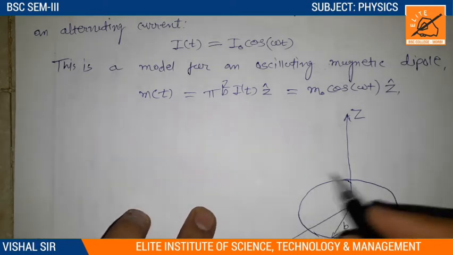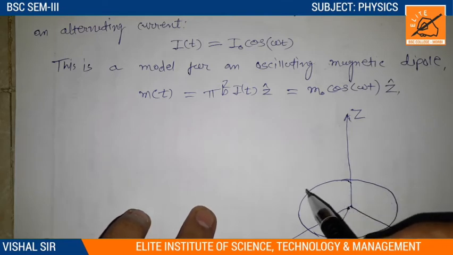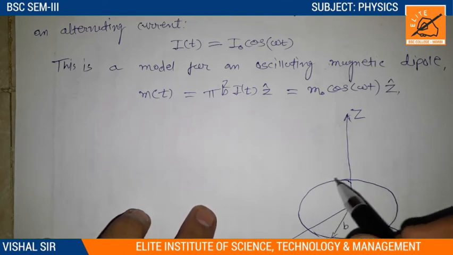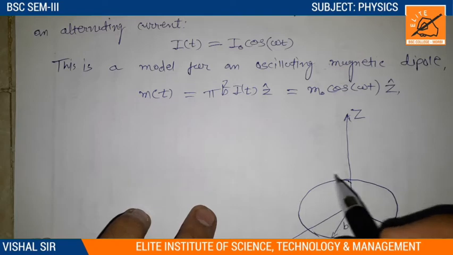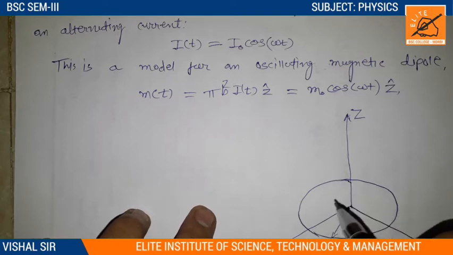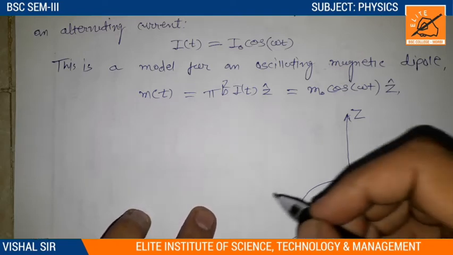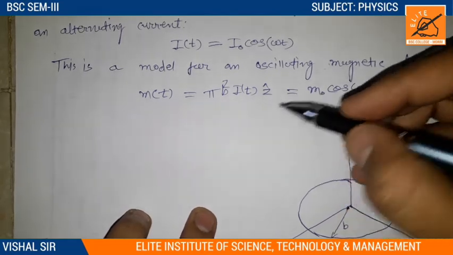Now in this wire loop the alternating current is flowing, and this is known as a magnetic dipole.